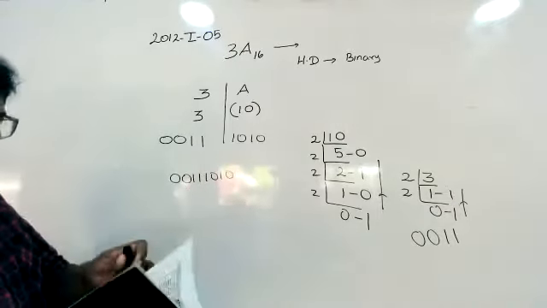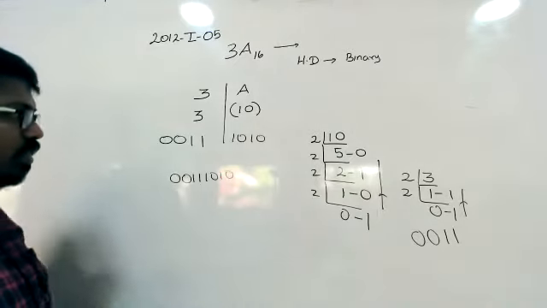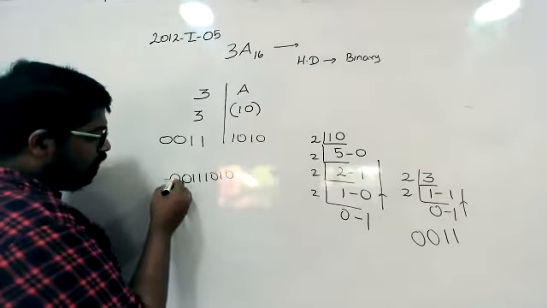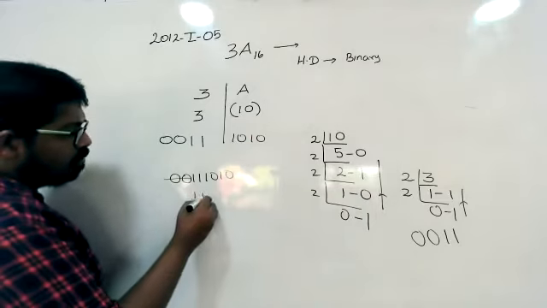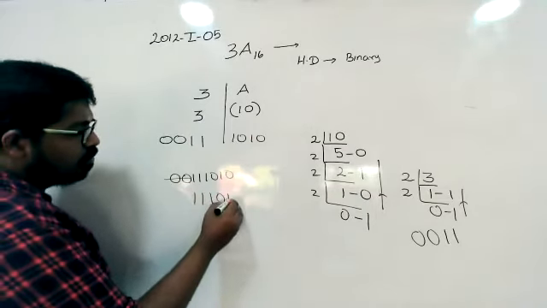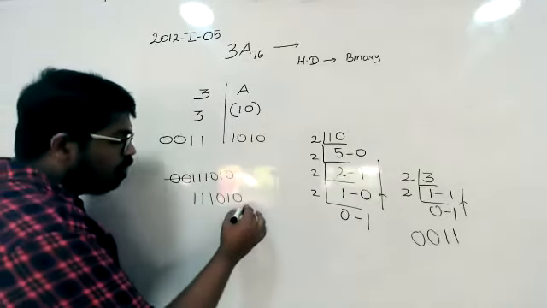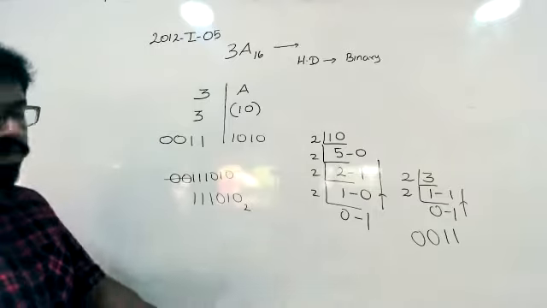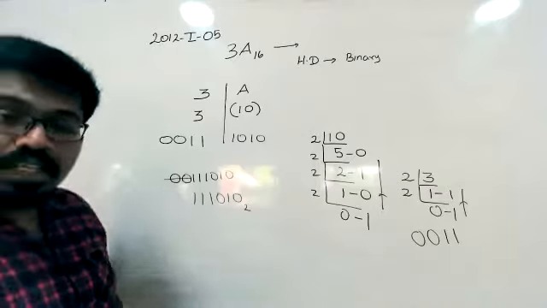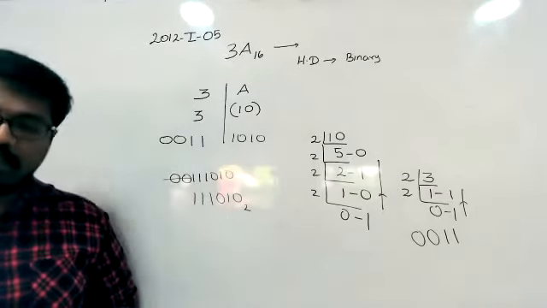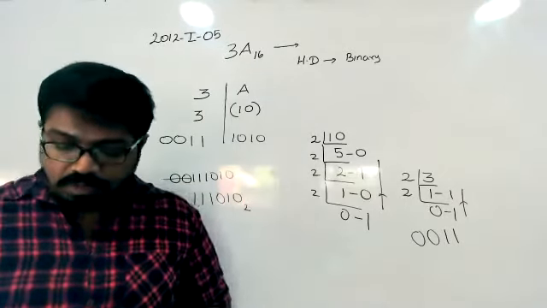When you look at your answer options, all the answer options are in 6 digits, which means we can ignore the front 0s because there's no value. So your answer will be 111010 base 2, the third answer option. So that's the end of 2012 question number 5.